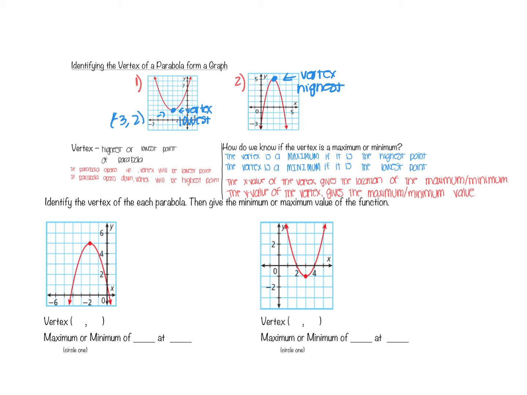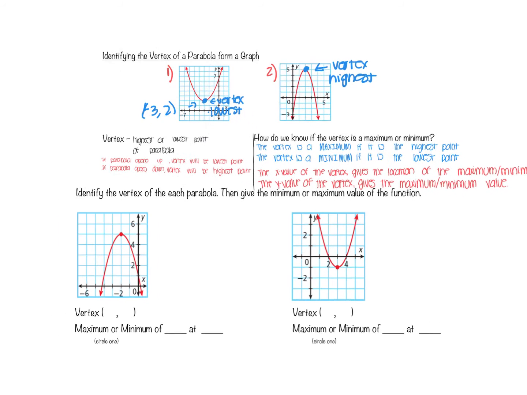The x value of the vertex gives me the location of the maximum or minimum, or what I like to say, where the maximum or minimum occurs, and the y value of the vertex gives the actual maximum or minimum value. So on this first graph, I would say there is a minimum of 2 at x equals -3.